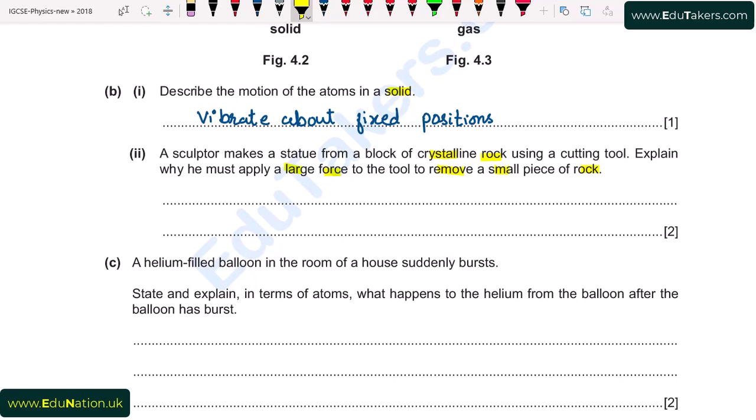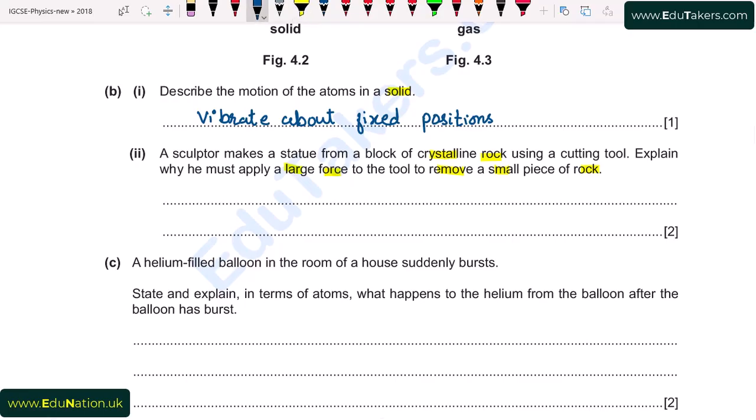So in a crystalline rock, the molecules are arranged in a regular pattern and the attractive forces between them are very strong. In order to break a small piece of rock, it is necessary to overcome these forces, and to overcome these forces, he must apply a large force.